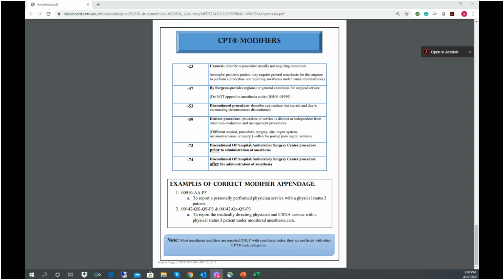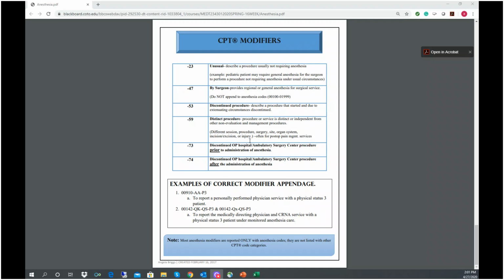Examples of correct modifier appendage: we have 00910, which is the anesthetic code. AA is who administered the anesthetic, and P3 is the physical status modifier. So this is to report a personally performed physician service with a physical status 3 patient. 00142 again is the anesthetic: QK, QS, P3, and 00142 QX, QS, P3.